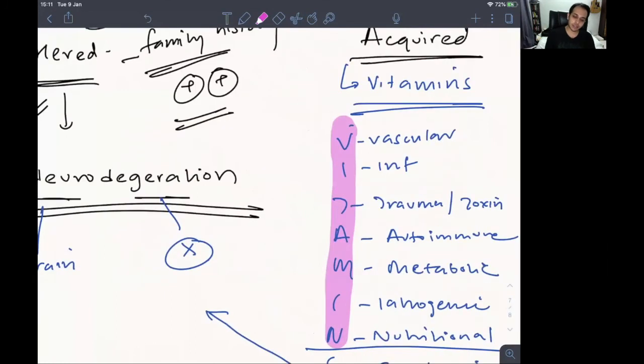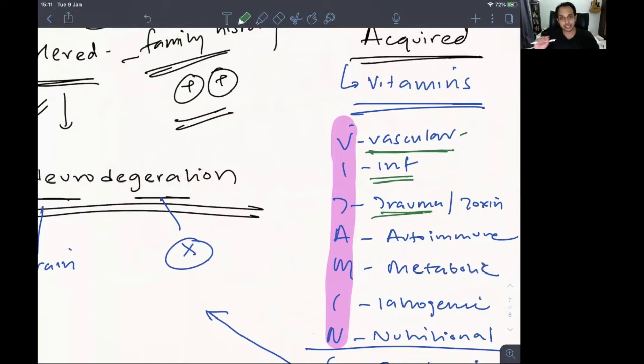And in each one of these, you can take further causes. So for example, vascular, you can have a stroke or a subdural hematoma. Infections, so you can have any brain infection, a meningitis or an encephalitis or a tuberculoma. Any one of these can cause memory loss. A traumatic brain injury, so boxers can have memory loss because of repeated injuries to the brain.